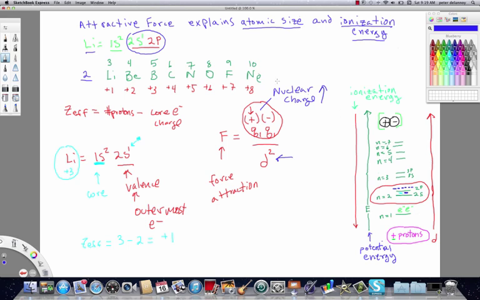And so from boron to neon, every single one of those electrons has been added to the 2p shell, which has the same distance from the protons as any subsequent electron was added.